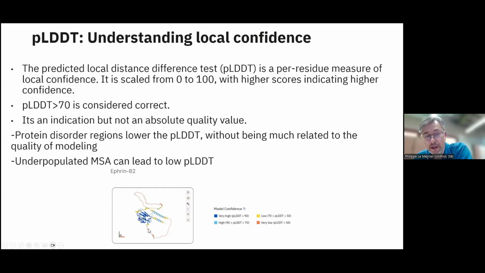But then you have some red stuff, which may be a disordered region. And then this one may be an alpha helix, but it's not pretty sure. So it's above 70, so it's pretty good, but not very good. So it allows you to know which part of the model you can trust and which parts actually are disordered.